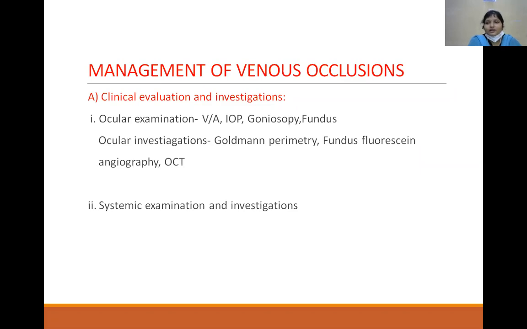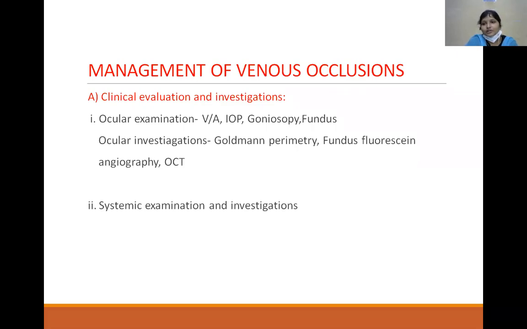So IOP recording is important. Gonioscopy should be done to examine for neovascularization in the angle. And fundus examination is needed to differentiate whether it is ischemic or non-ischemic CRVO, or branched retinal vein occlusion. So a thorough fundus evaluation is needed.